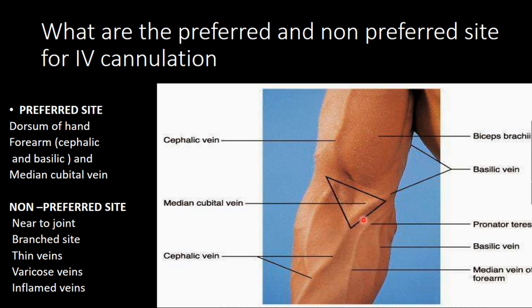Median cubital vein of your antecubital fossa is the most commonly used IV cannulation site. Okay, median cubital vein. And next is your non-preferred site. These are near to joint, branch site, thin veins, varicose veins, inflamed veins, etc.